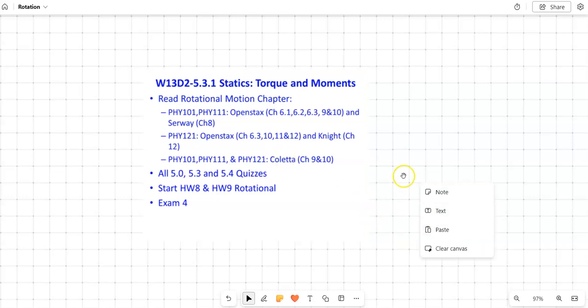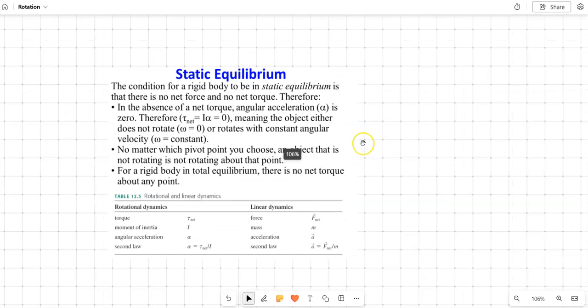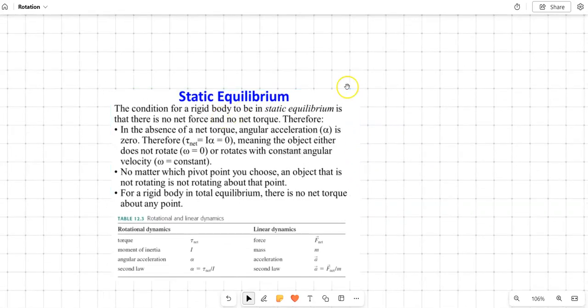All right? So, some assumptions that we could make about static equilibrium. In a force diagram, equilibrium means something is moving at a constant velocity, or it's not moving at all. Well, with torques, it's saying it's not rotating, meaning alpha is going to be 0.